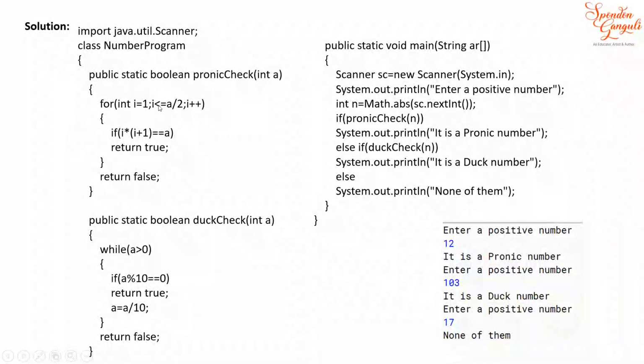Now, why have we made these two functions static? Because in the main method, I can call these functions directly. If these two functions are non-static, then in the main method you have to create the object of the class and then call these functions. Whereas a static method can call static methods directly without creating any object.